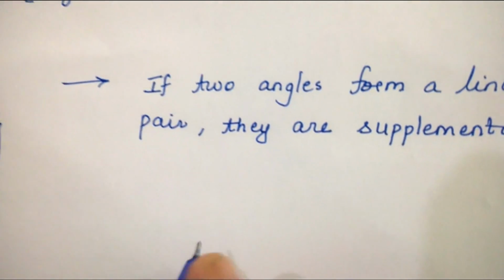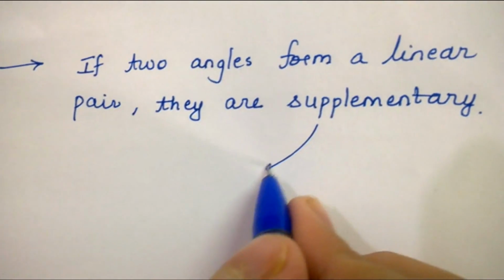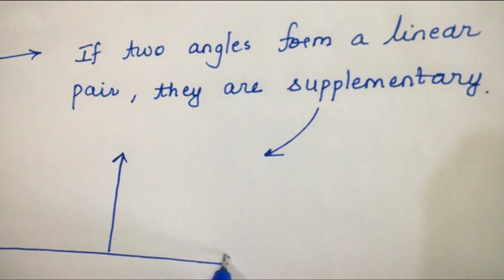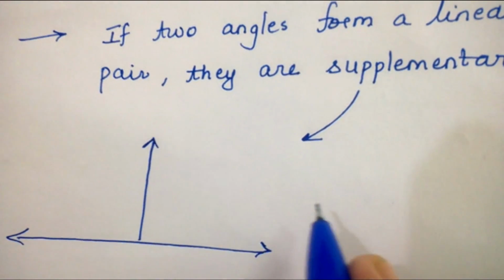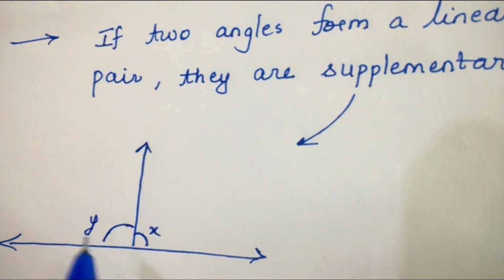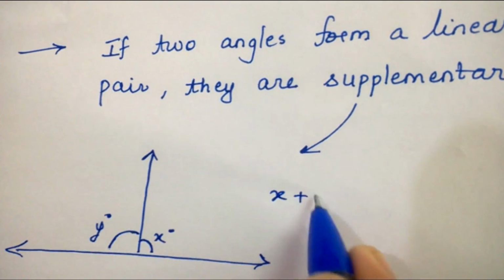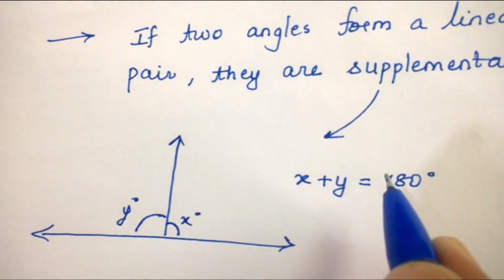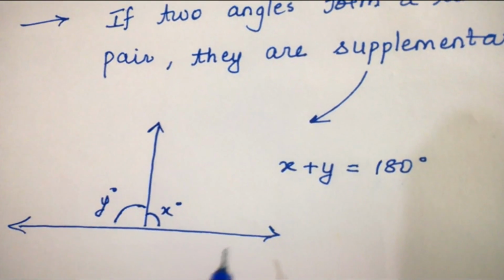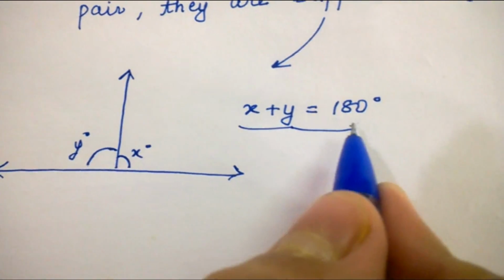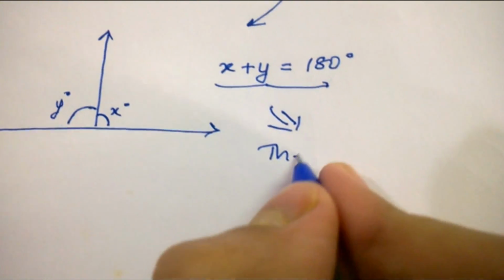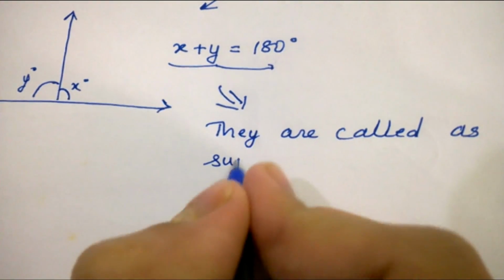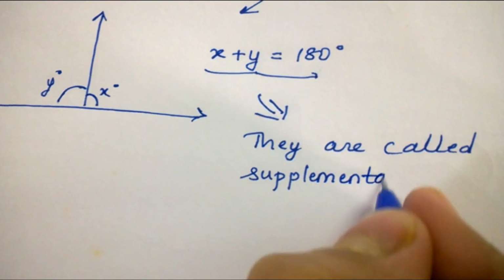Now what is the meaning of this? First of all, the meaning of supplementary: if two angles sum up, as if this is x, this is y, some particular angles, and if x plus y equals 180 degrees, that is, if two angles have the sum of 180 degrees, then they are called supplementary angles.